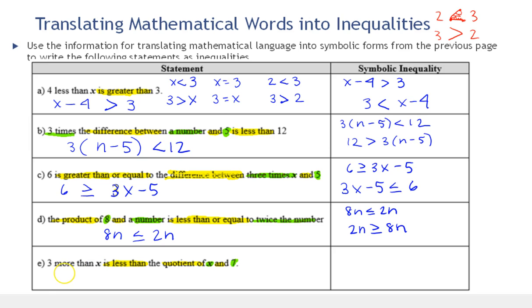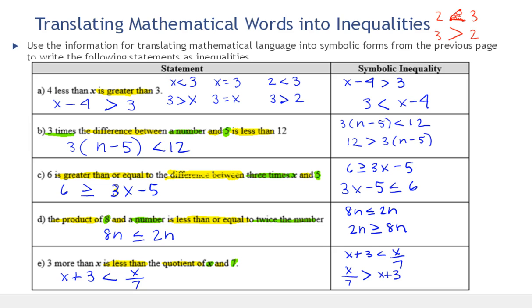So 3 more than x is x plus 3 is less than the quotient of x and 7. So x plus 3 is less than x over 7. And to write an equivalent inequality using a greater than symbol, the big part is pointing towards x over 7, so I'll reverse it. X over 7 is greater than x plus 3.